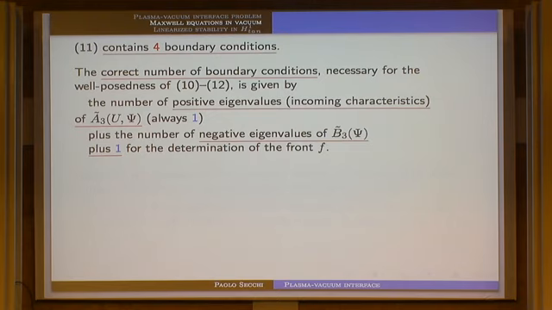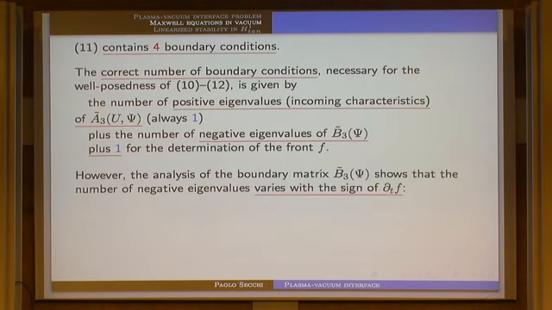We have 1 negative, 1 positive, so it is only 1, always 1. Plus the number of negative eigenvalues for the vacuum, which is below, because incoming characteristics means negative eigenvalues here, plus 1 for the determination of the front, which is an unknown.